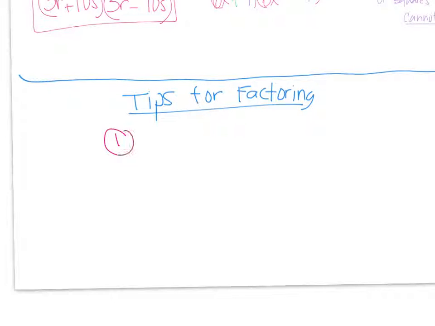The first thing that we should always do is check for a GCF. That's the first type of factoring that we looked at, and we looked at that first for a reason. So we do that first. Then, if it's not a GCF problem, it's based on the number of terms in your problem.